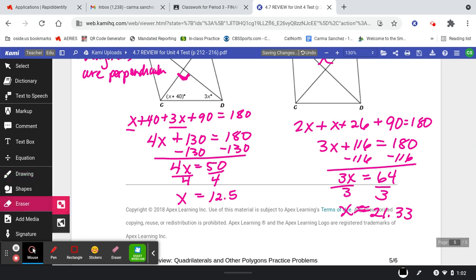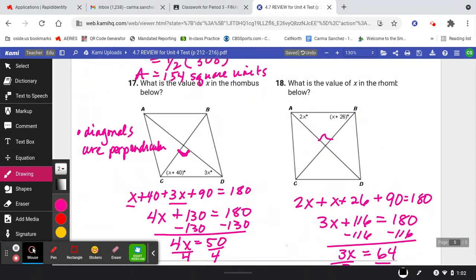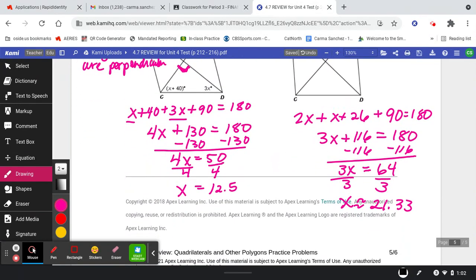And I'm getting 21.33 or 21 1/3. So we use the approximation symbol here. I'm going to write it down here below these words. X is equal to 21 1/3, or x is approximately 21.33 when we round.